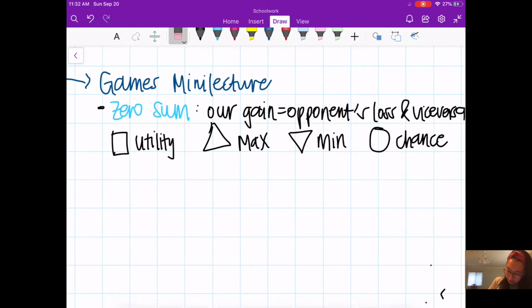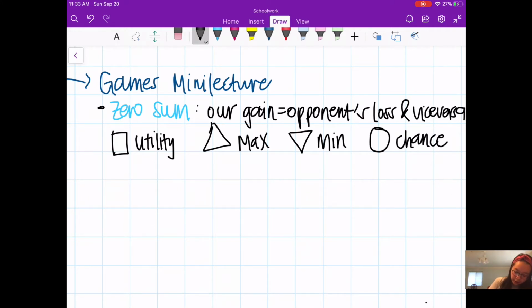For chance nodes, we have a certain number of children, and if no default probability is specified, then each child has a 1 over n probability. So if there are 3 children, then each branch has a probability of 1/3, for example.